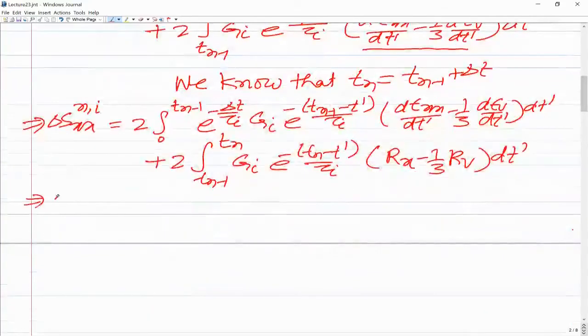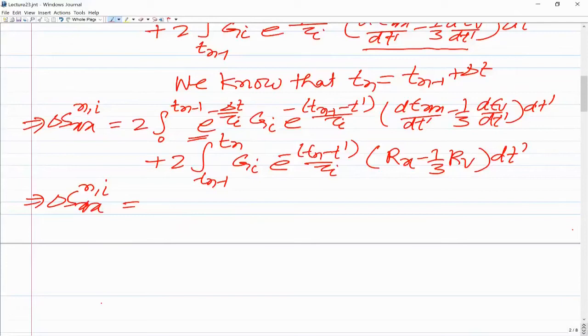these terms, you can say that this delta Sxx n comma I will be equal to, now if you see, essentially what we have is not this factor e to the power minus delta t upon tau I. Otherwise the rest of the thing is integral 0 to tn minus 1 gi e to the power minus tn minus 1 minus t dash upon tau I into d of epsilon x dt dash minus 1/3 d of epsilon v by dt dash into dt dash.